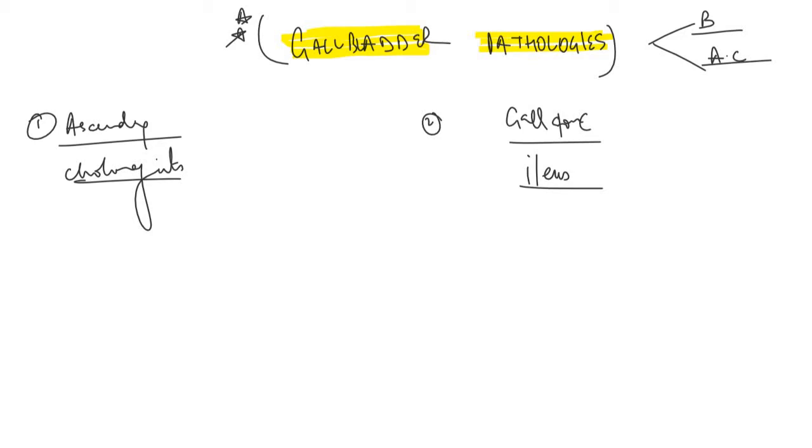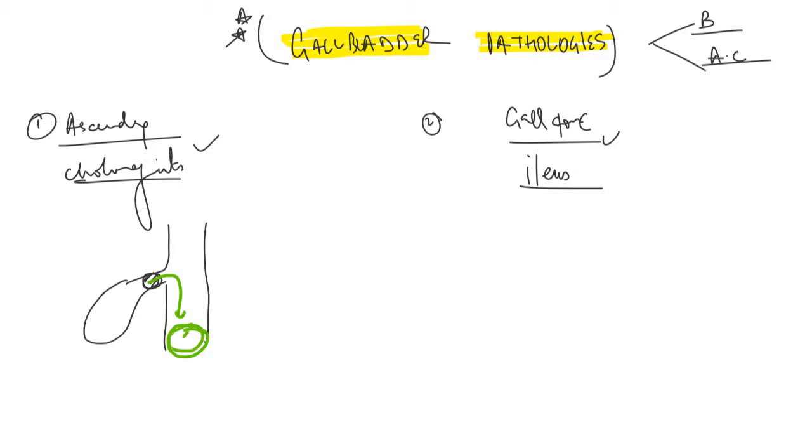First of all, let's talk about ascending cholangitis. See guys, this is the gallbladder, this is the cystic duct, this is the common bile duct, and this was the stone that was lodged in the cystic duct. Now imagine that this stone passes and lodges in the CBD.